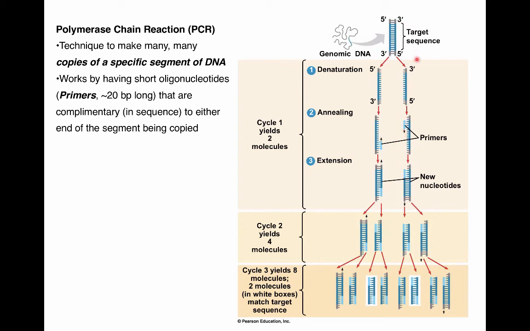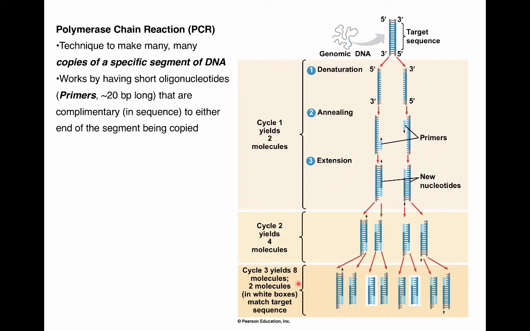So here's our target DNA molecule. We split the strands, add our primers, and then this gets copied in this way, and this gets copied in that way, and we end up with two new molecules that have copied that segment. And so all PCR does is make many, many copies. So that's one cycle.